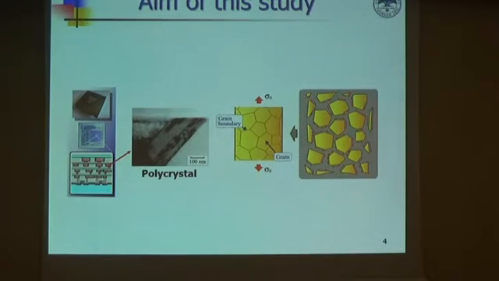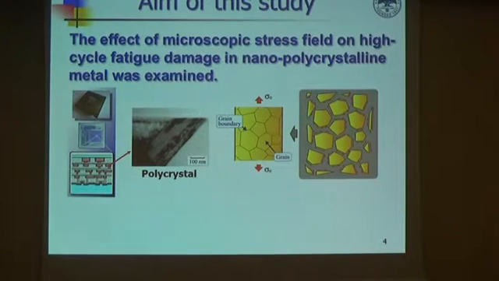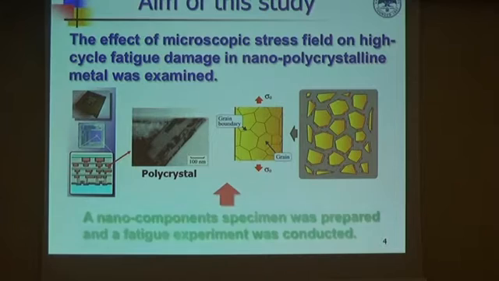So we thought this effect of the microscopic field must affect the fatigue damage in nanopolycrystalline metal. So as the first step, we prepared a nano-component specimen which has nanopolycrystalline metals, and we conducted a fatigue experiment.